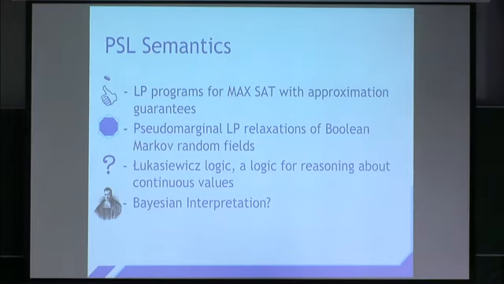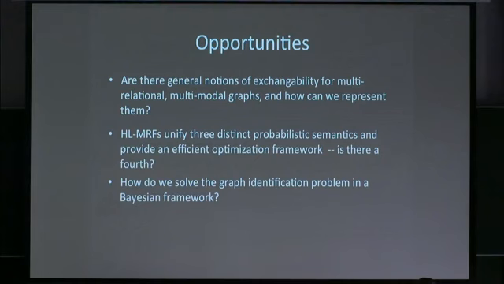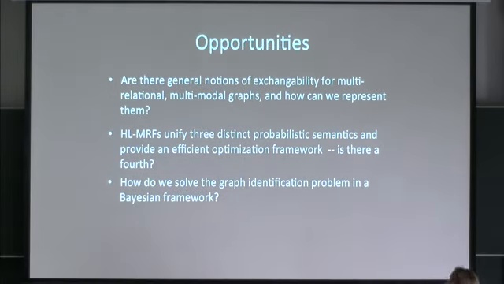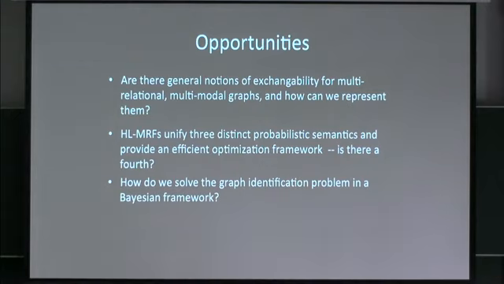But what's the proper way to put these things together? And then finally, how do we solve the graph identification problem, and in particular, how do we solve it in a Bayesian way? Because clearly you don't want just the most probable graph, you want some sort of characterization of the uncertainty.